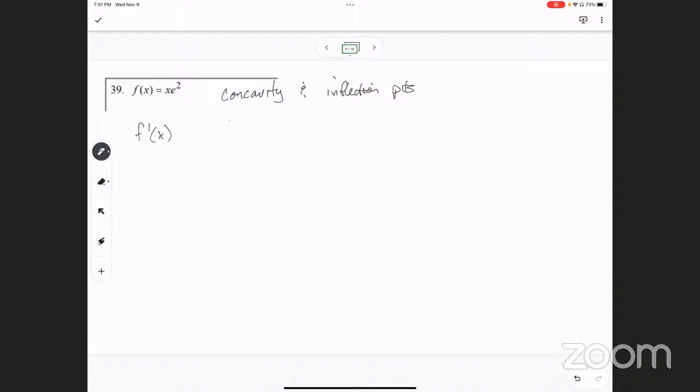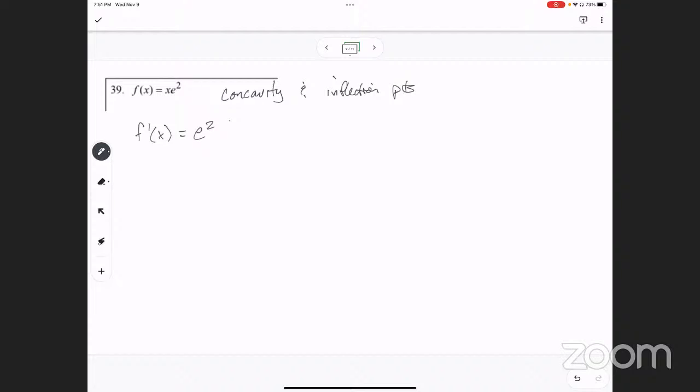So the derivative, when we find this, this is product rule, right? Actually, what am I saying? This is just e to the second, which is just a number. So that's a weird question to ask because the derivative of this is just e to the second.